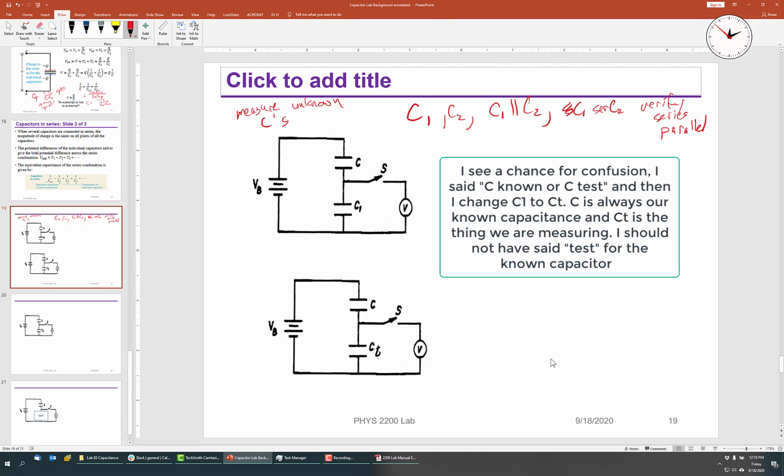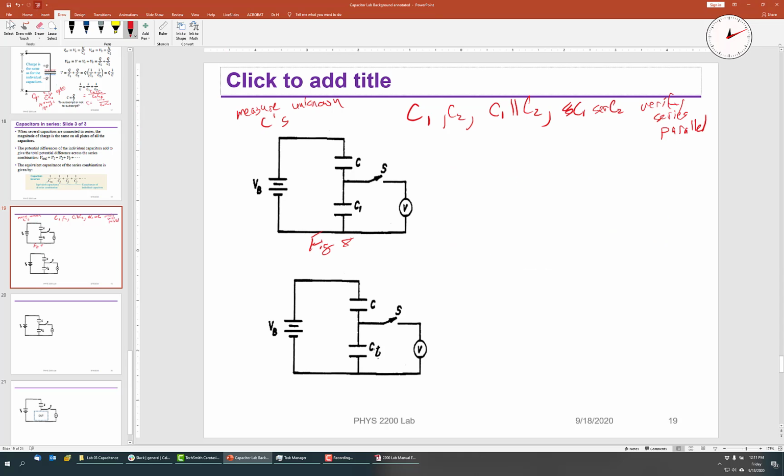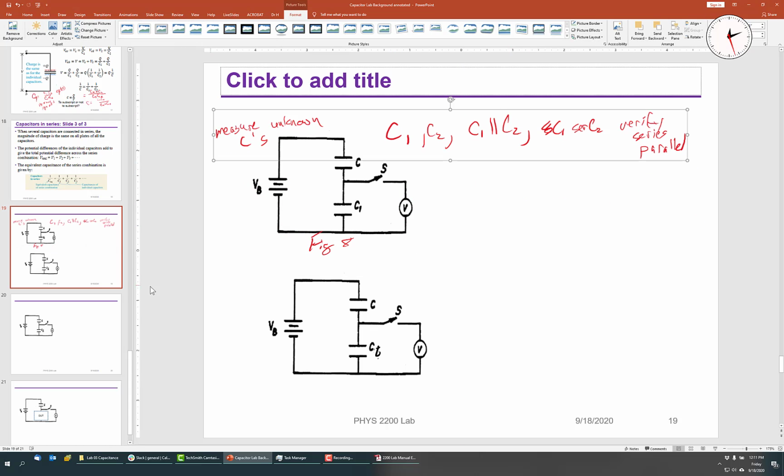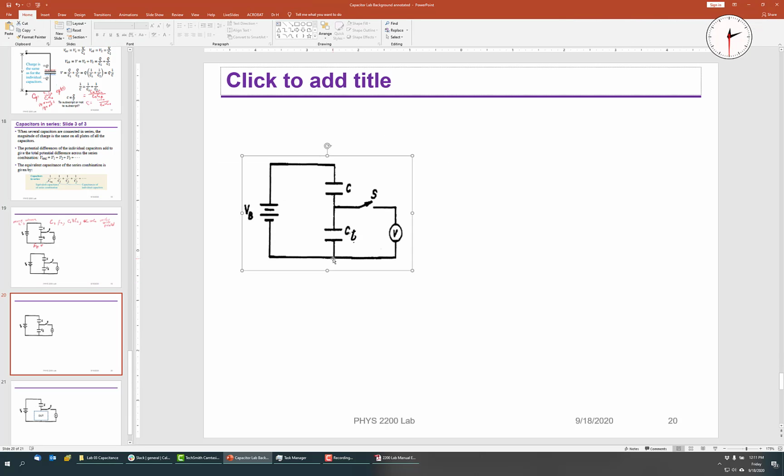What you see here is figure 8 from the manual, and I've changed it, and we're going to use it in this form, C-test, to emphasize that what we're doing in this part is developing a testing apparatus and a testing technique for doing our measurements, because we want to approach this as good engineers, good scientists.